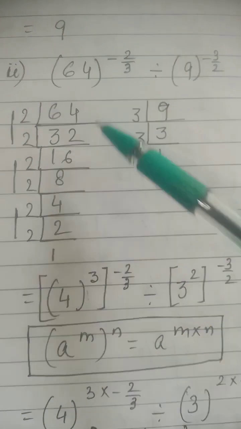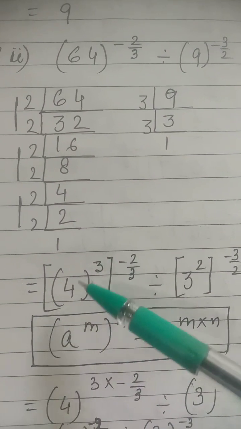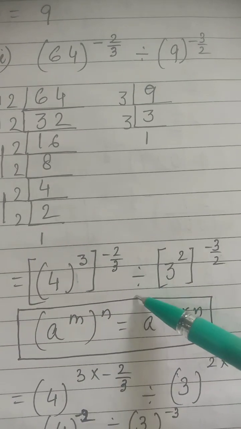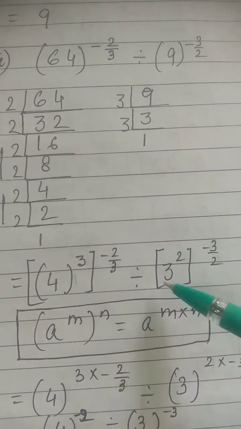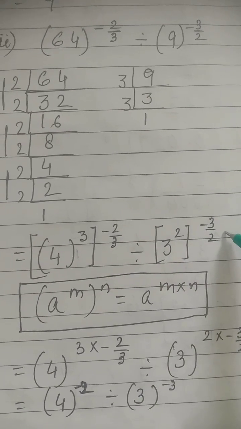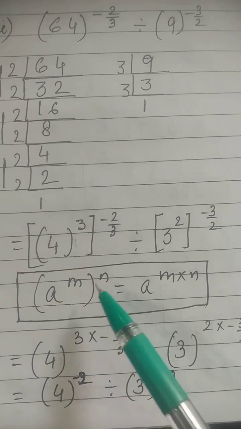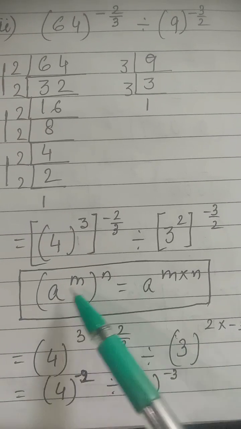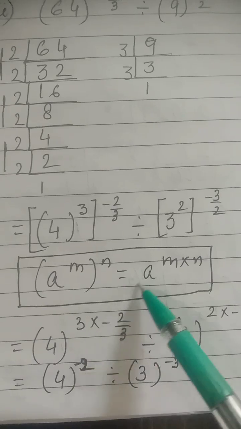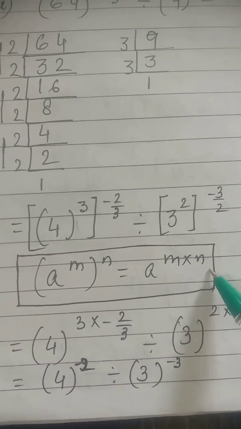So 64, as we found, is 4 cube. So (4 cube) to the power -2/3 divided by 9, which is 3 square, so (3 square) whole to the power -3/2. Now again we'll apply the same law of exponent: (a to the power m) whole to the power n is equal to a to the power m into n.